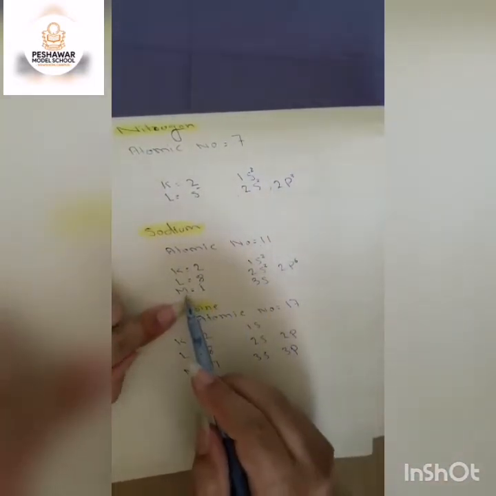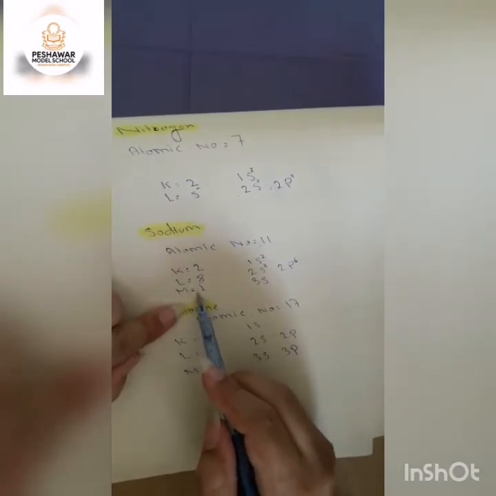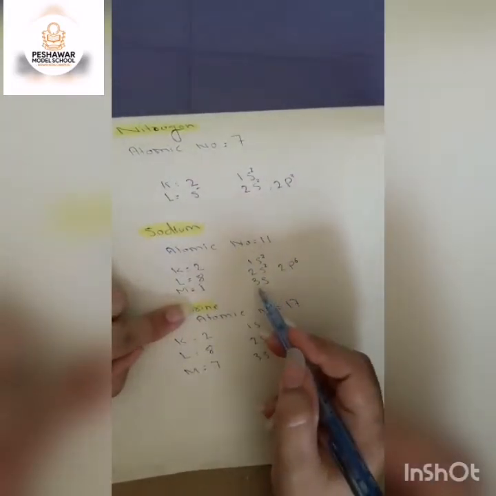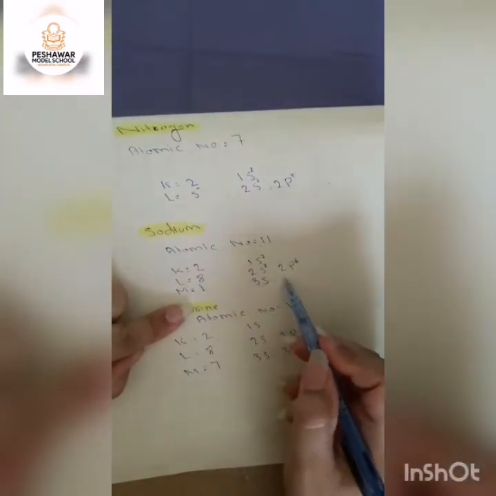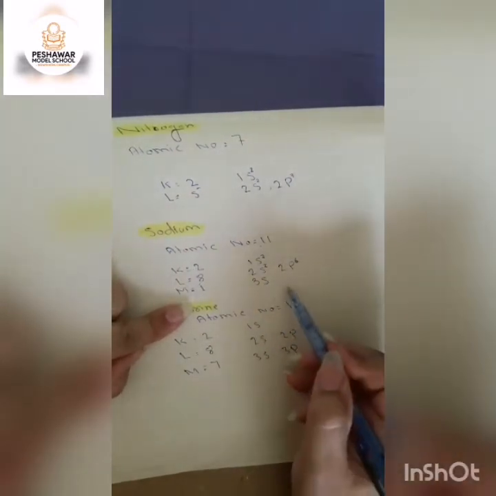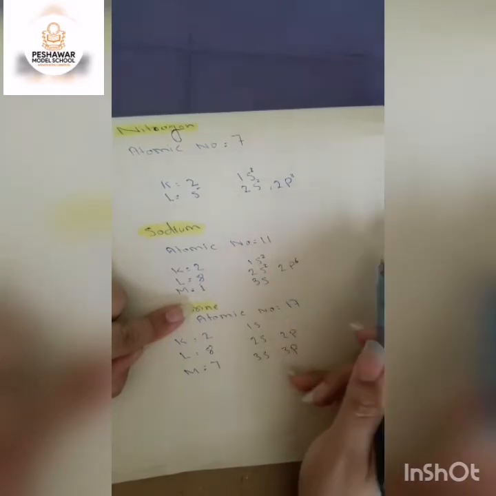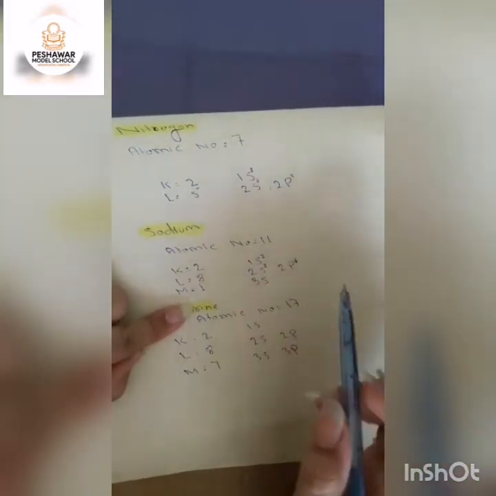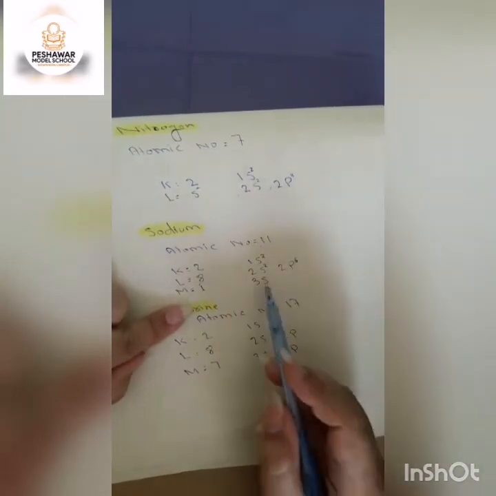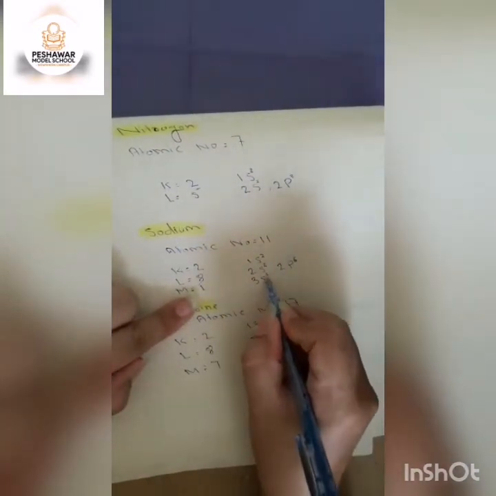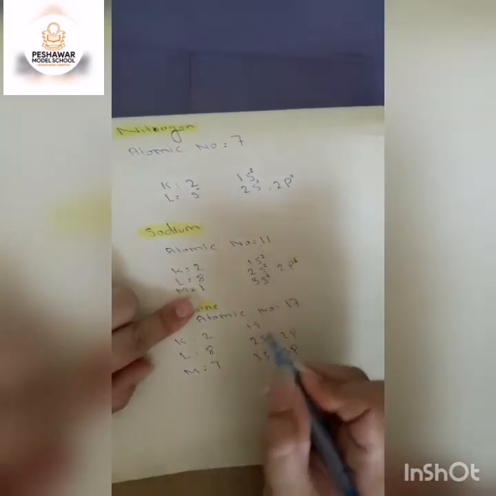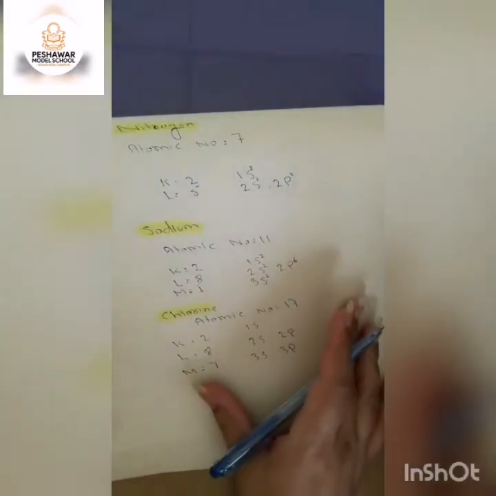The 1 electron will move toward the third shell, which is M. Okay, the M shell has 3 subshells, 3s, 3p and 3d, but there is no need of 3p and 3d, that's why I didn't write 3p and 3d. It has only 1 electron. This 1 electron will move toward the 3s1. This is the electronic configuration of sodium.